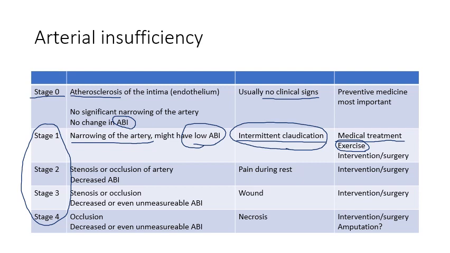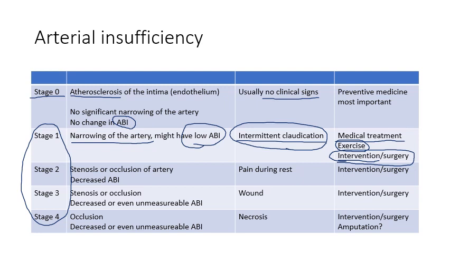What you're doing is you're opening up your collateral. So we'll talk about that later. In some instances, if the patient can only walk, let's say 30 meters or 20 meters, then they might not have the potential to train themselves out of this problem, and we might need to do intervention or surgery. Usually intervention is the first option.